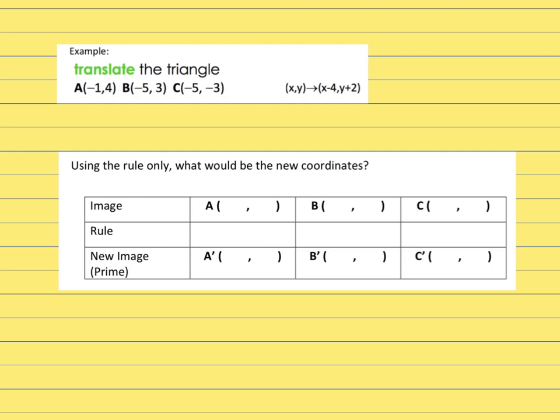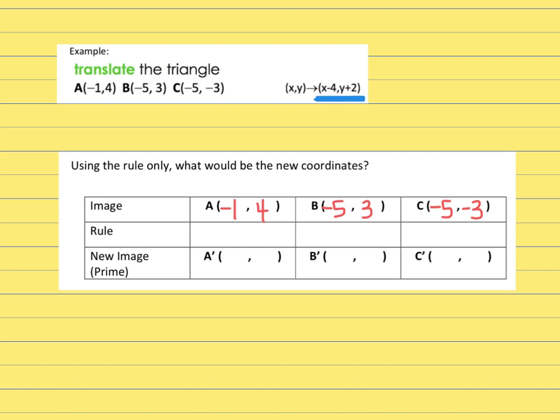Okay, this example has no picture. It says just using the coordinates, follow this rule. So I have a table. This is going to help us organize and be a little bit easier to follow since we don't have a picture to look at. The original image coordinates are -1, 4 for A, -5, 3 for B, and -5, -3 for C. Now, the rule says X needs to -4 and Y needs to +2.